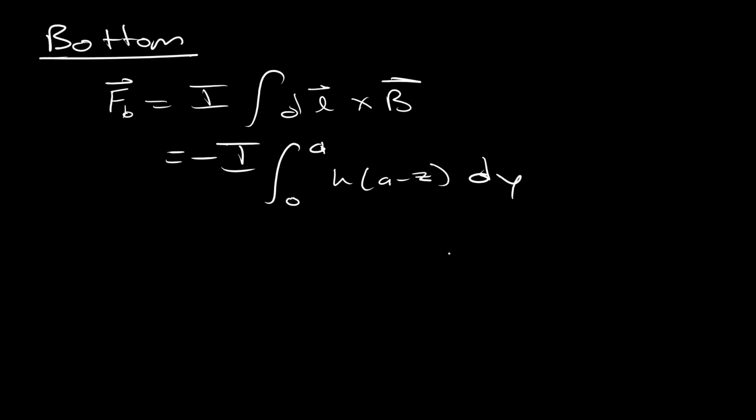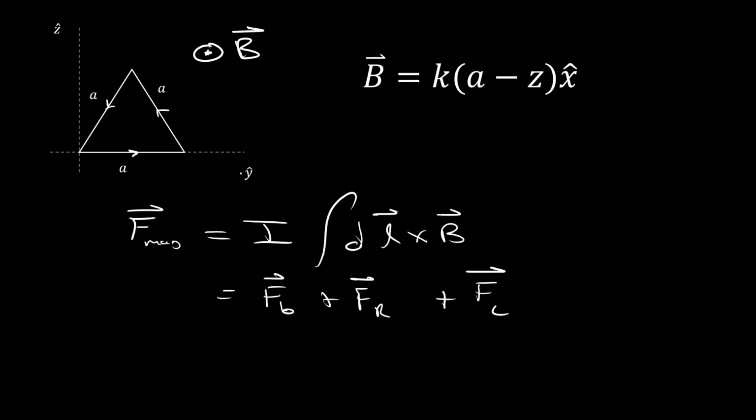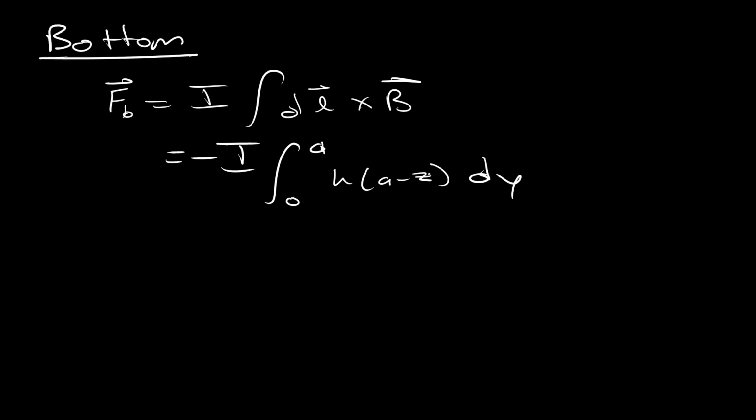Okay, now you might be wondering, well, we have a z in here. The simple thing with this is that since we're in the YZ plane, and for this bottom path, we're not changing at all in z. And in fact, we can just fix z to the value we're at, which is 0.